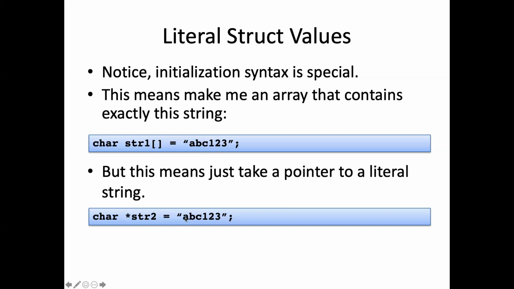So go make me a string. You're saying to the compiler, make me a string that has ABC123 in it, and set up this to point to it. You ought to be able to do this with structs also. You ought to be able to say, make me a struct and put this in it, or make me a pointer and make it point to a struct that looks like this. And you can.